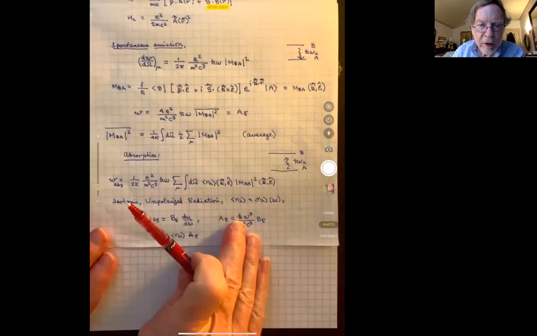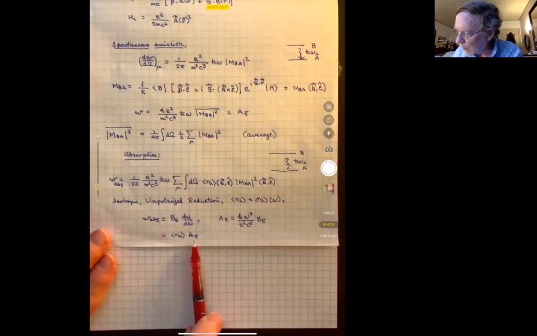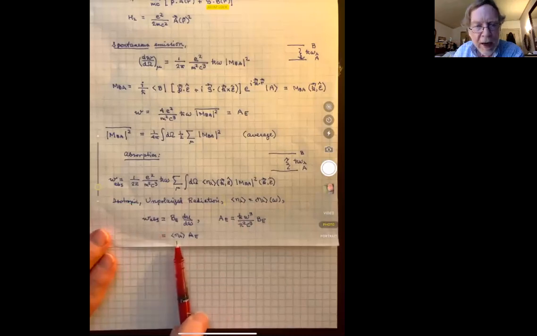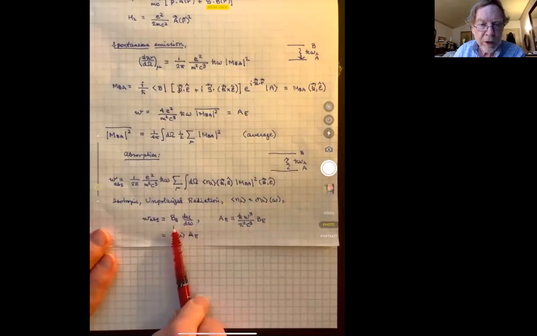And so to summarize some of those results, what we find is that the rate of absorption is proportional to the Einstein A coefficient, and the proportionality is the average value of the number of photons in mode lambda, which is a function of frequency. It turns out this can also be written as something proportional to the energy density in the incident field, energy per unit volume per unit frequency interval, times the coefficient which, by definition, we write as B sub E. That's the Einstein B coefficient.